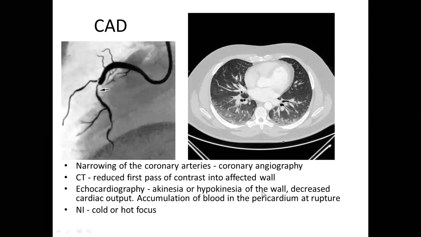However, on CT scan, which was made with contrast, you can see how the first pass of the contrast is not filling this wall completely, which means that we may have some areas of myocardial infarction in the left ventricle, in the anterior wall.